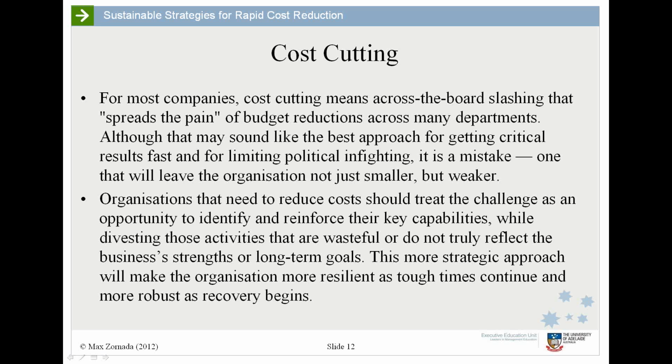And this is often perceived to be the best way to do it, to limit political infighting, but it often leaves the organisation weaker and smaller as a result of the cost cutting. So when things improve, they're often not placed to take advantage of the improved environment. So we need to start to look at different ways to cut costs, ways that develop rapid results, but more strategic approaches. That means that organisations don't effectively damage themselves through the cost-cutting strategies.